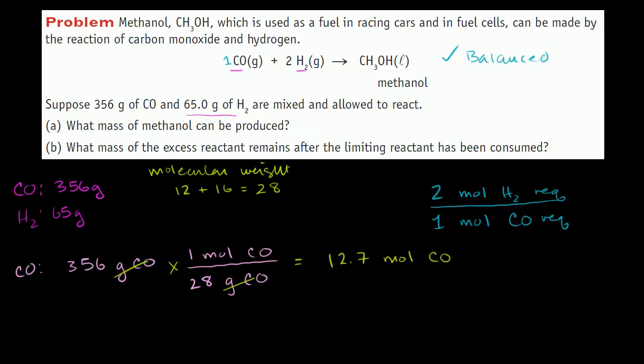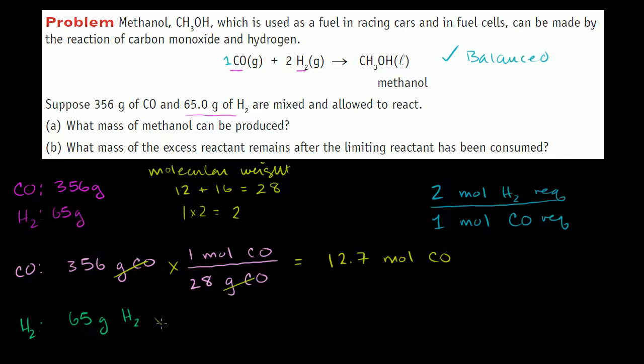Now let's do the same thing for the hydrogen. We have 65 grams of molecular hydrogen. What's the molecular weight of hydrogen? Each hydrogen atom has a molecular weight of 1, times 2, which is equal to 2. And the same way, we want to write it in moles.